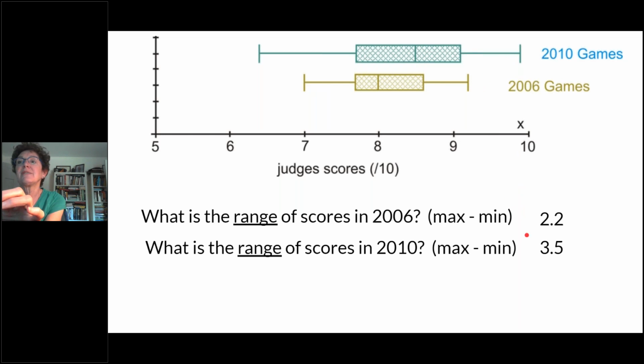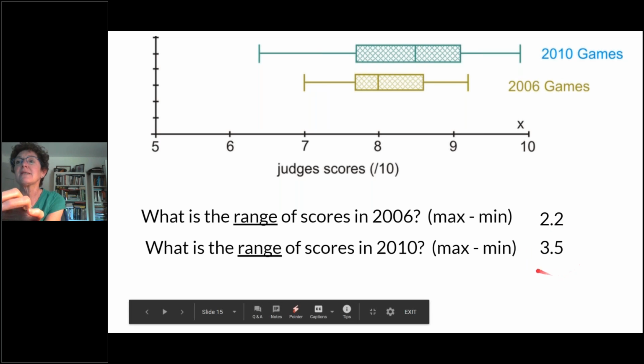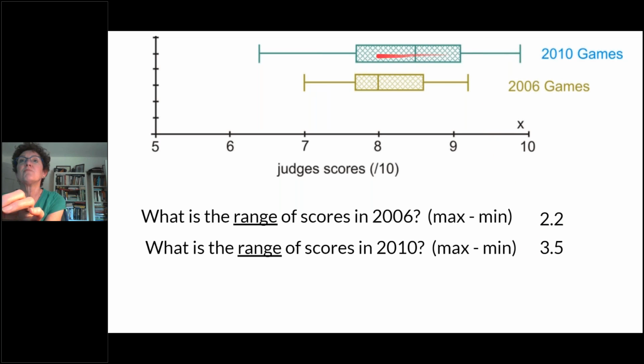In this case, we would say 2010 because the data is more spread out. And we find the range by starting with the maximum and subtracting the minimum. We're looking for distance on the number line. We could also do it the other way as long as we took the absolute value. So which is more spread out is the question that is asked when we ask about range.